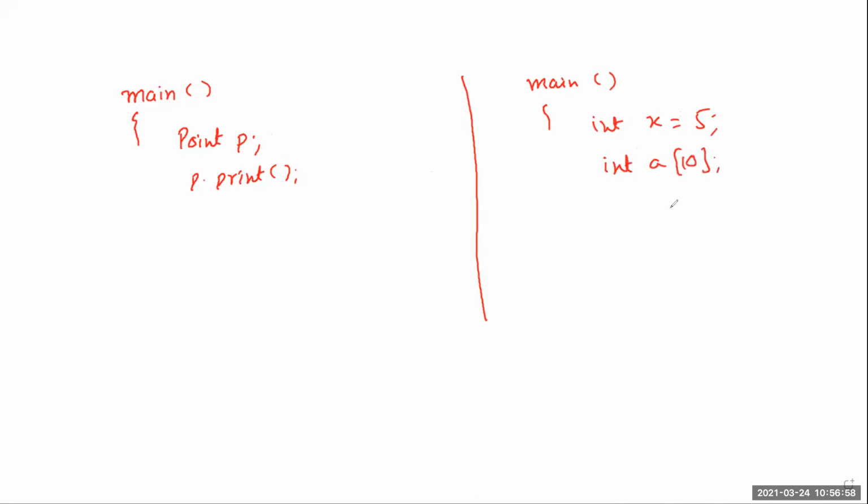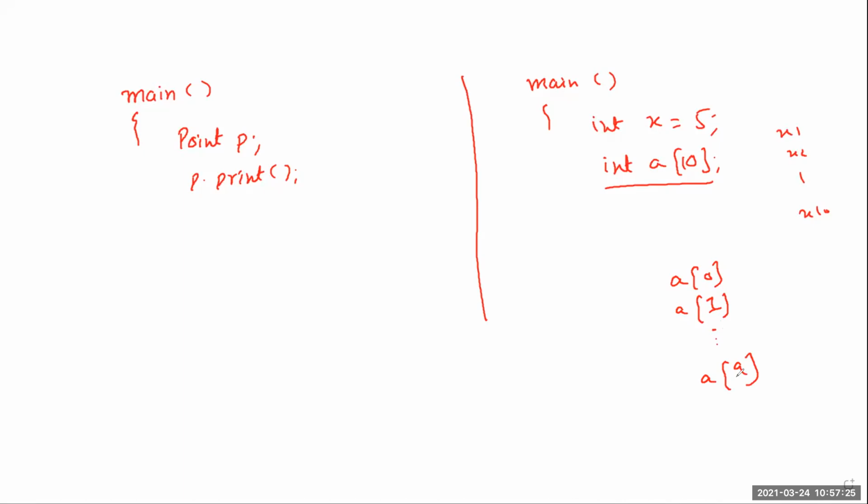So instead of having 10 different variables like x1, x2 up to x10, I can simply declare them in a single statement, int a[10], which means there are 10 integers. The name of the first integer is a[0], second is a[1], and so on, till a[9]. So these are the 10 integers I have.